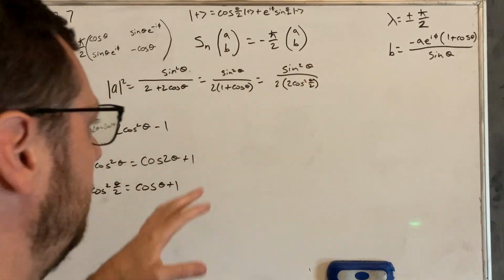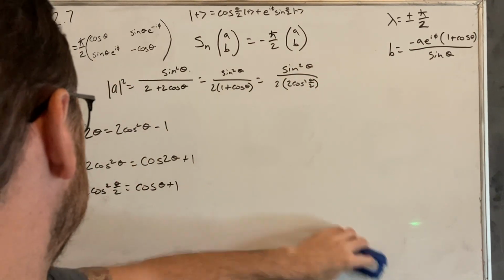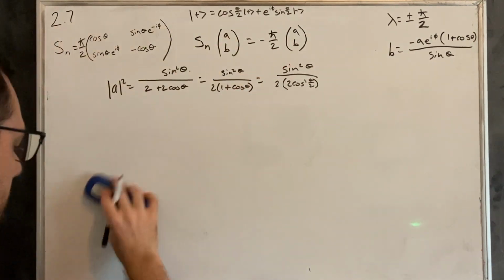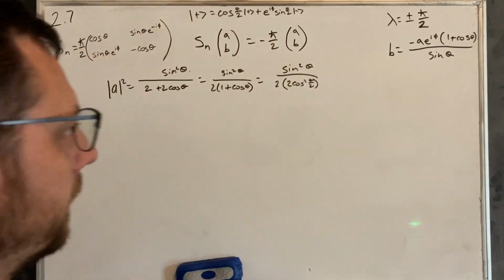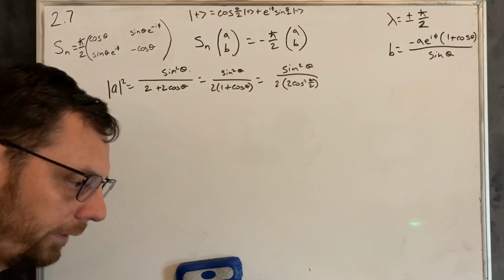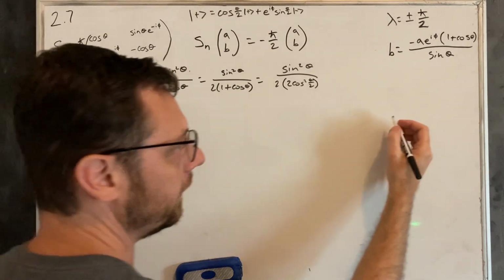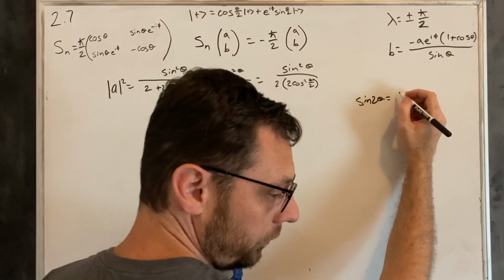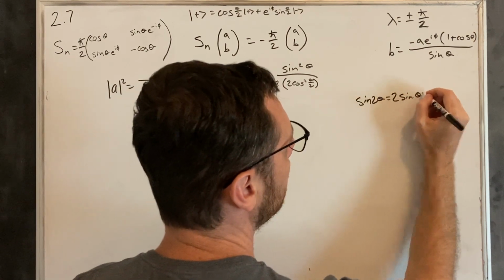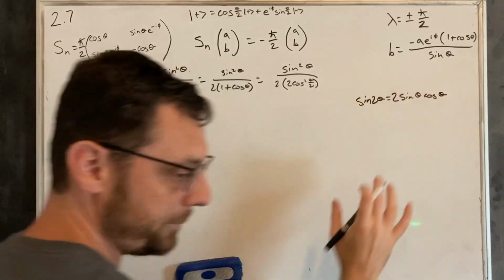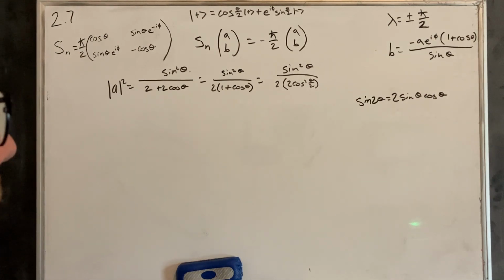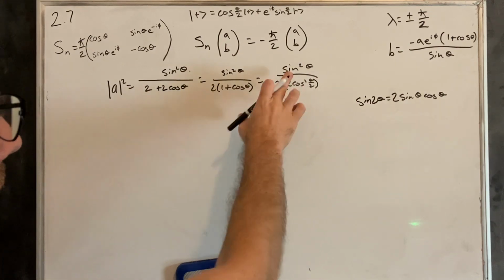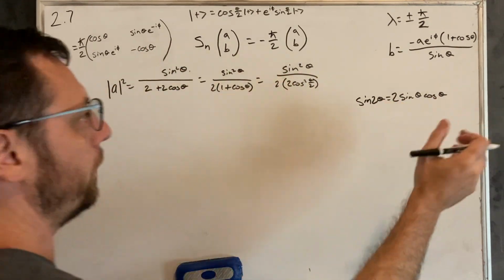So how does that help us? It will. Now we have to do something with our sine, hopefully something that will give us a theta over 2, because we changed our theta to theta over 2. So we've got this sine double angle, which is 2 sine theta cosine theta. That doesn't really look like anything we need, but because we have a sine squared, let's just square all this.